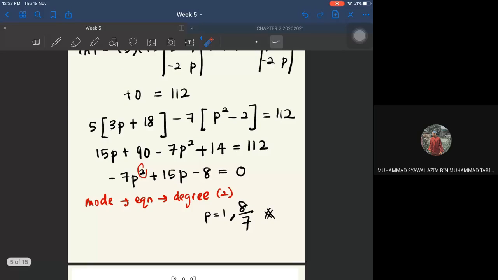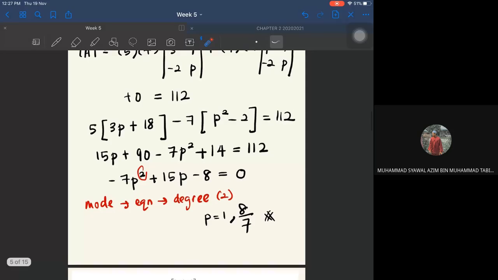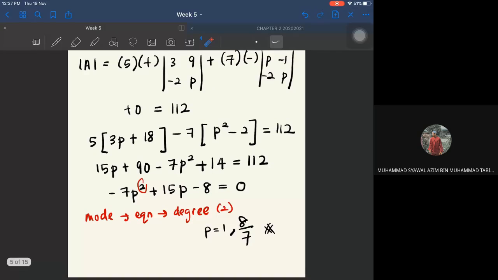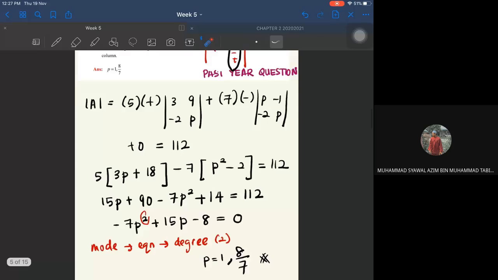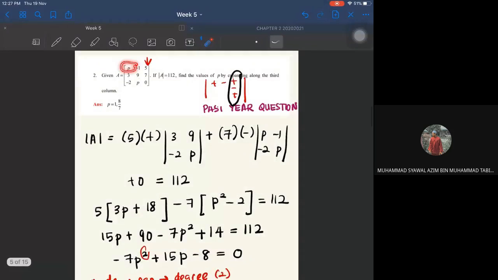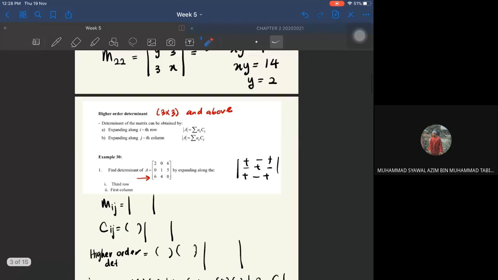Okay. Can I proceed to the next one? So konsep dia sama saja, depends pada row mana and column mana. Cuma this one dia buat reverse process. You were asked to find the value of the element here and given to you the determinant. Okay. Sebelum ni diberi kepada awak matrix and you were asked to find determinant.